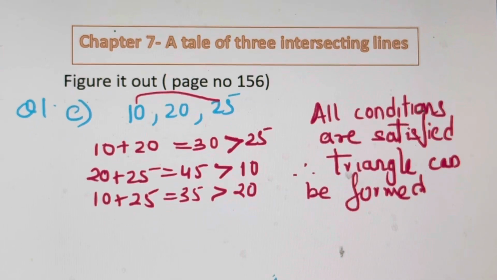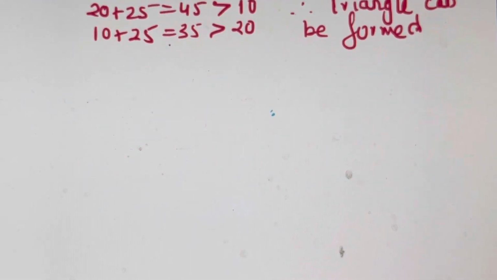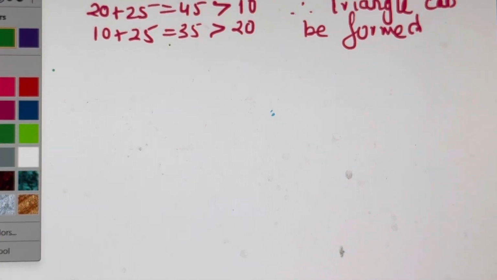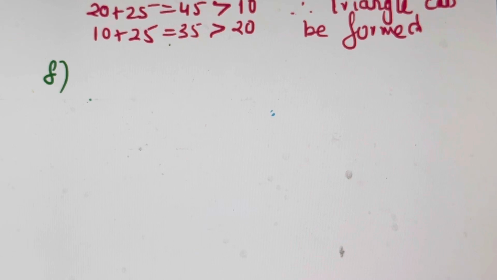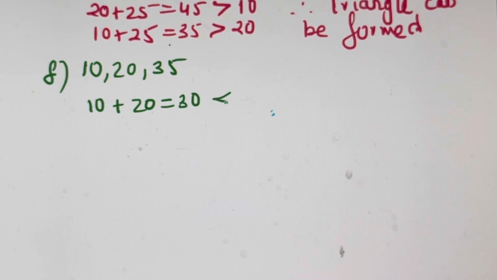Now we go to F. In F, the side lengths are 10, 20 and 35. Right, so we add 10 plus 20 is equal to 30. Now this is less than 35.